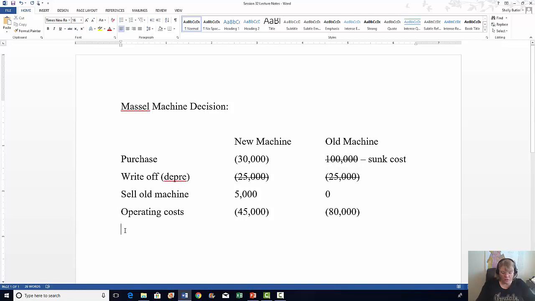And now we have our total cost for these. So if you add up all of these, you're going to get an outflow cost of $70,000 for the new machine and an outflow cost of $80,000. Let's underline this so we know what we're doing. Okay.